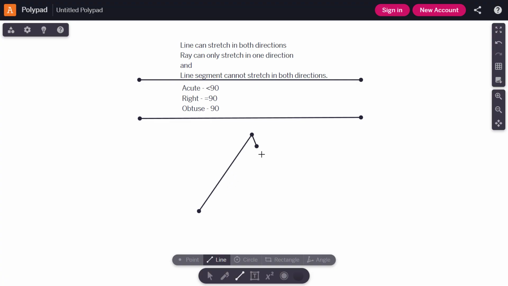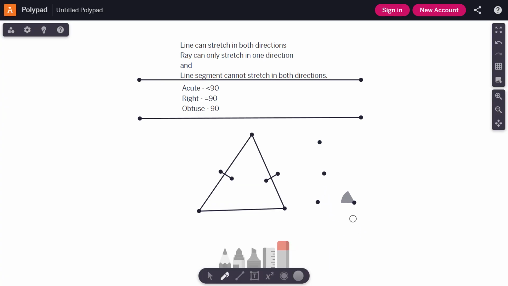Now, what if we have a triangle that does have 2 same sides? For example, this one. Let's say this side is equal to this side. Look, those 2 sides are the same.